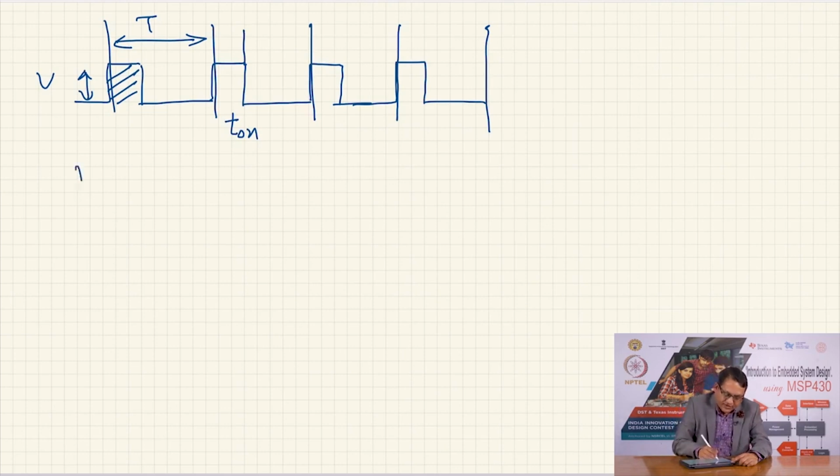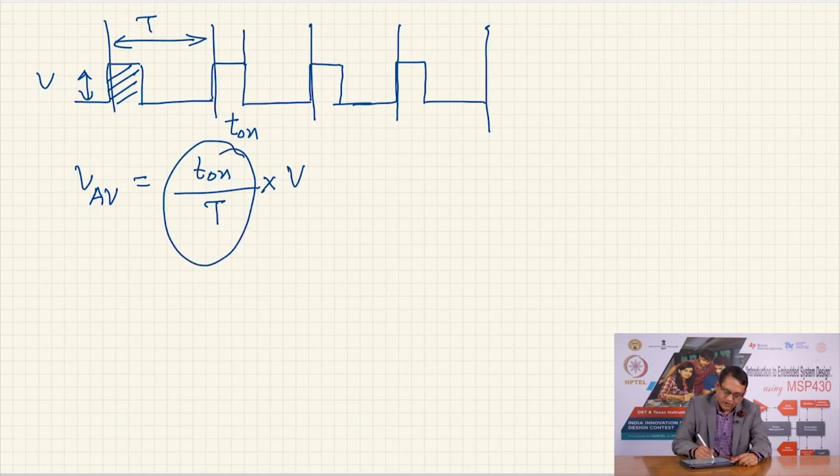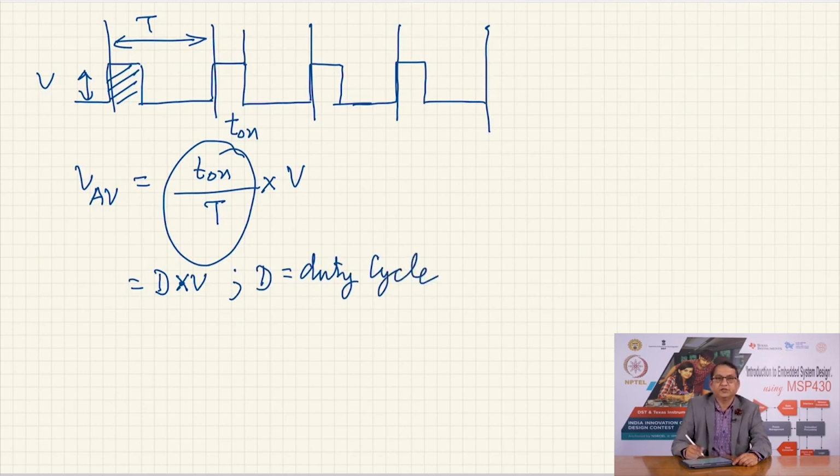The average voltage of such a waveform, V average, is equal to T on divided by the total time period T, times the peak voltage V. This ratio we call the duty cycle, so V average equals D times V, where D is the duty cycle. What is the range of this value?